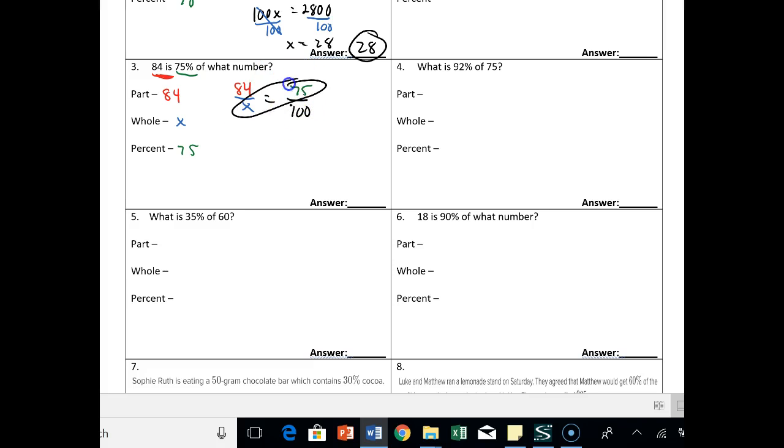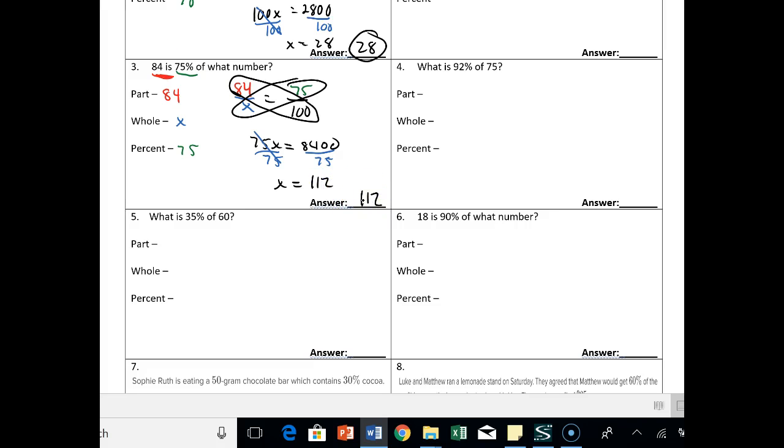Cross multiply, 75 times x is 75x equal to 84 times 100, 8400. Let's divide by 75 on both sides. These cancel off. So x is equal to 112.